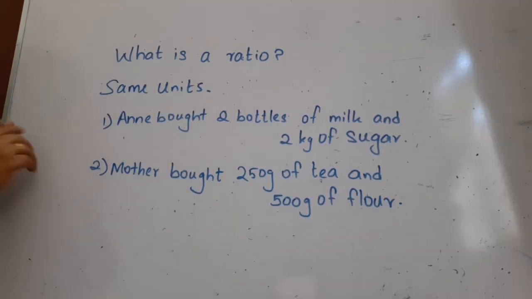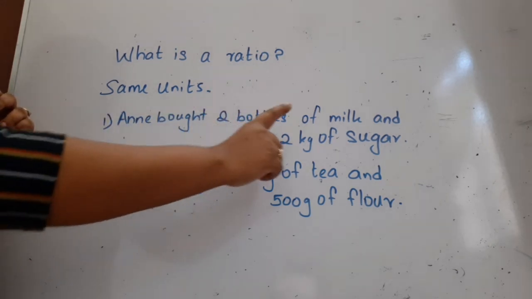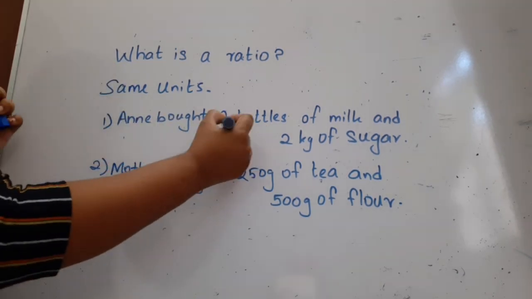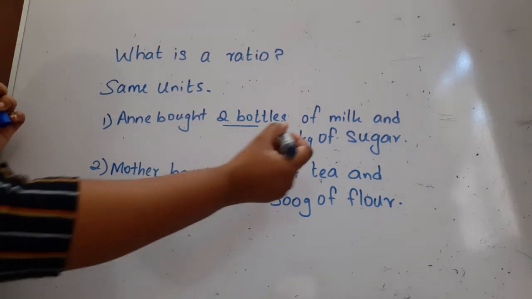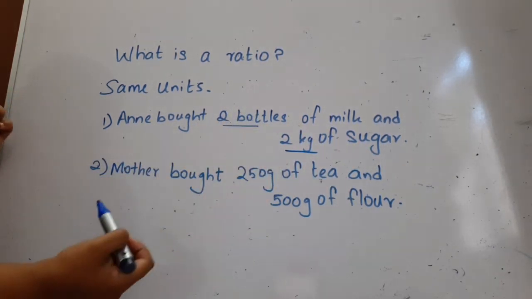The next thing you need to consider when you write a ratio is they must be in the same units. Look at the first sentence. Mother bought 2 bottles of milk and 2 kilograms of sugar. Here, the number of bottles and the amount of sugar has been compared, where they are two different units.